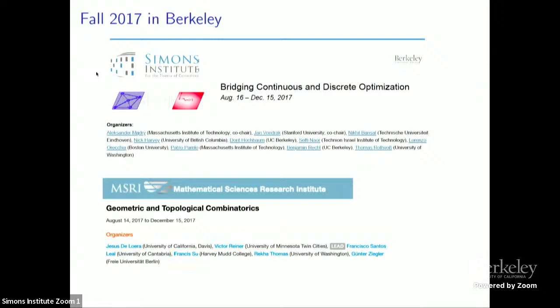There was also a program at MSRI in Berkeley on geometric and topological combinatorics. So you had a lot of people all in the same place thinking about some of the same objects from very different viewpoints. It was really amazing. And I think some of what I'm going to talk about today wouldn't have happened as quickly without all of these people being in the same place, and really without the Simons Institute.